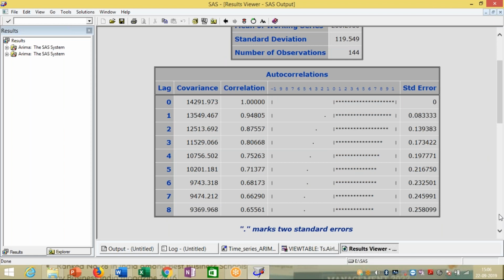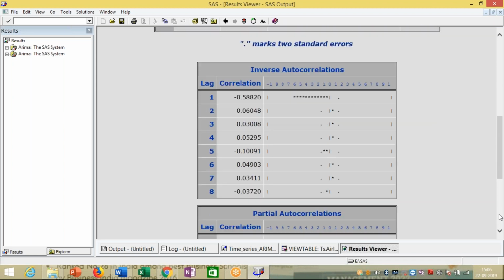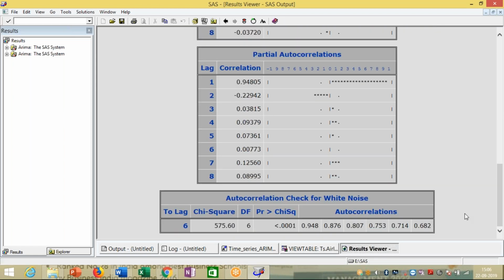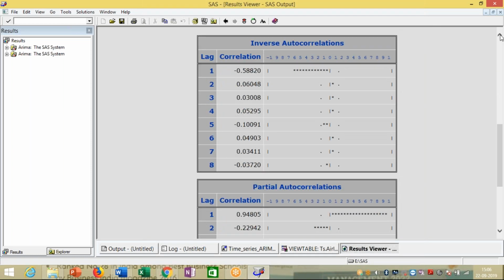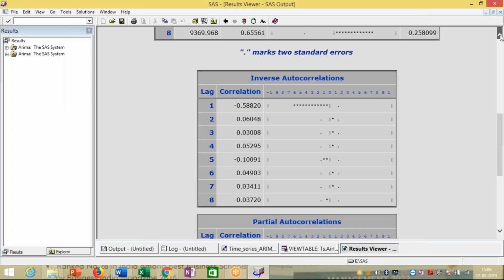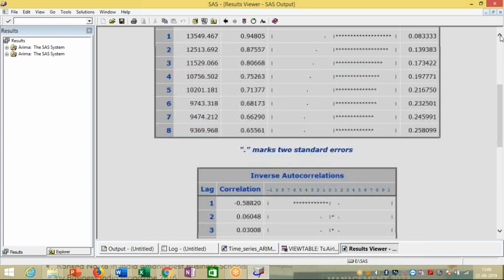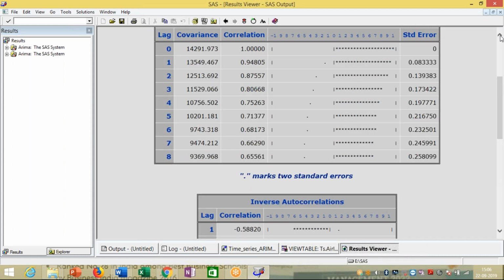Now the question is, are these 6 lags or 8, since we gave 8? By default it goes up to 6 lags.